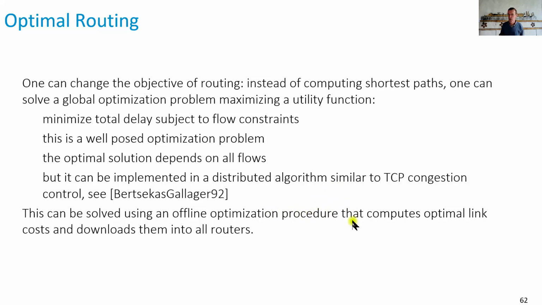What is most often done is that you use that to tune the link costs. So instead of tuning them in a brutal way, like I showed before, by simply reflecting locally the delay, you take this as a, of course, non-linear optimization procedure, and you ask what are the link costs that would lead to an optimal utilization of all my network links.